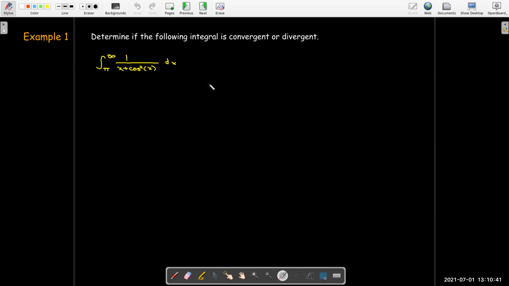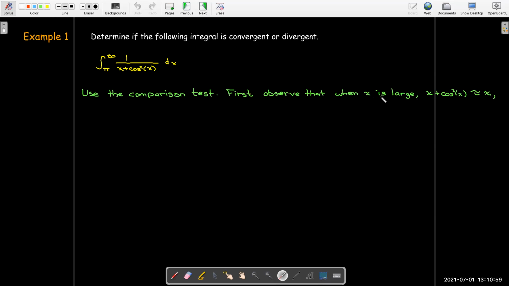So there's really several things that we have to get a feel for. One is, do we think that this is going to be convergent or divergent just based on what the integrand looks like? So in this case, when I use the comparison test, when x is large, cosine squared x can't be any bigger than 1.